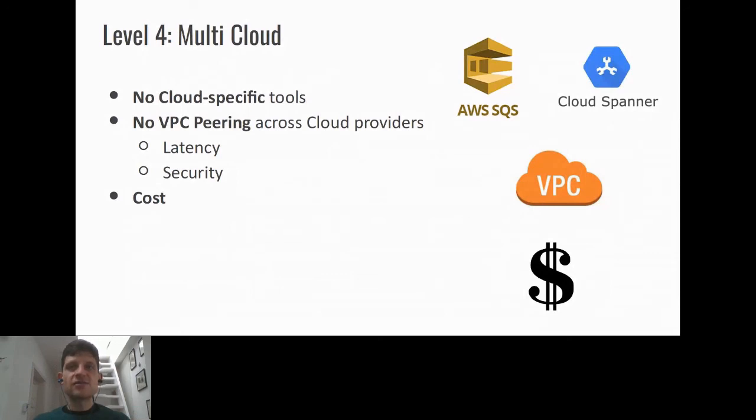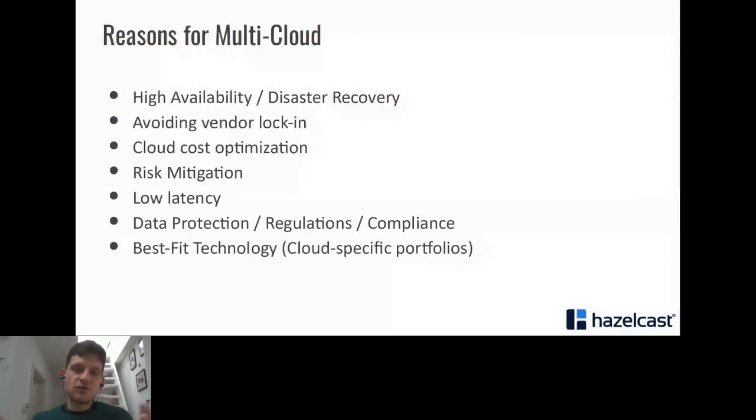So is availability the only reason to choose multi-cloud? You can already feel that probably not. There are other reasons. Maybe the main reason is to avoid vendor lock-in. You design your system in a way that it works on multiple cloud providers, because then you have the choice.